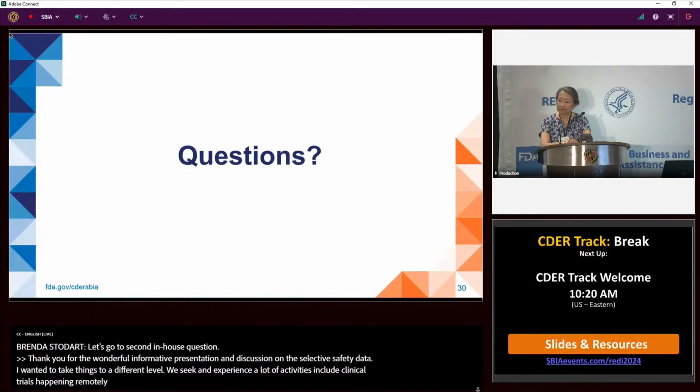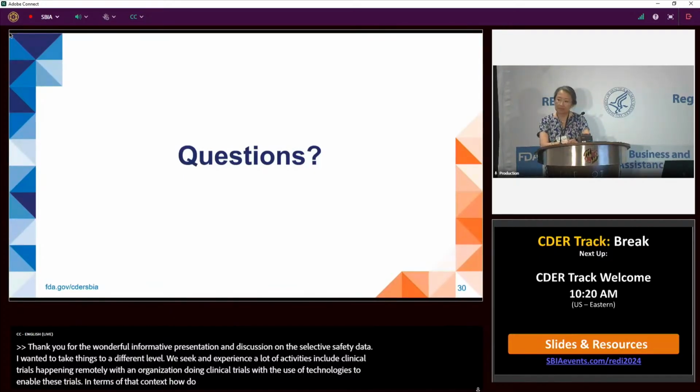In that context, are there provisions from the agency perspective to deal with selective safety data collection centrally versus remotely, in the context of E19 and others?